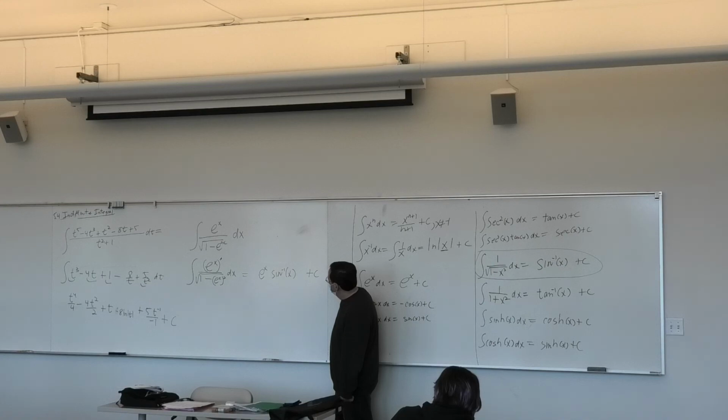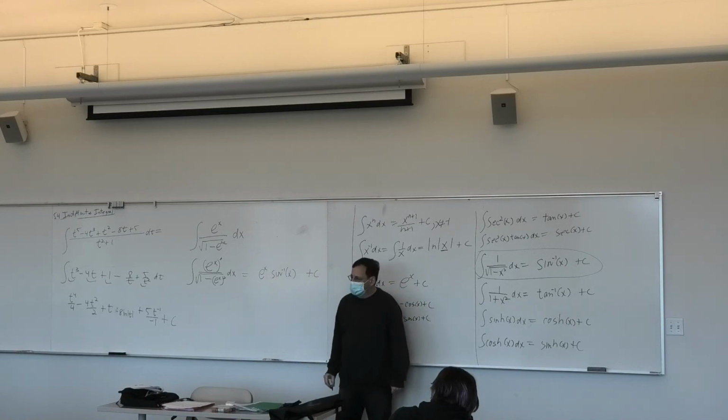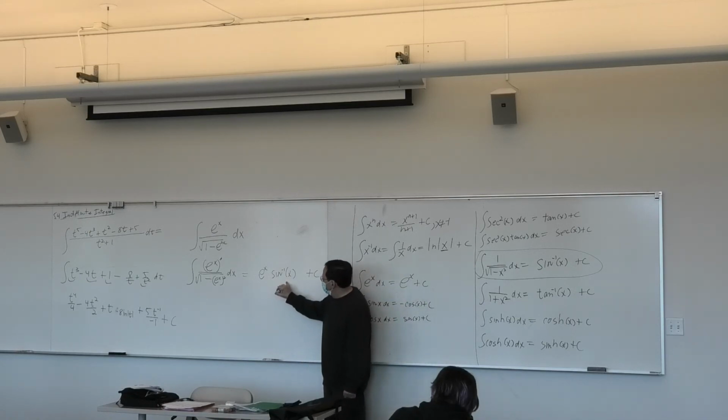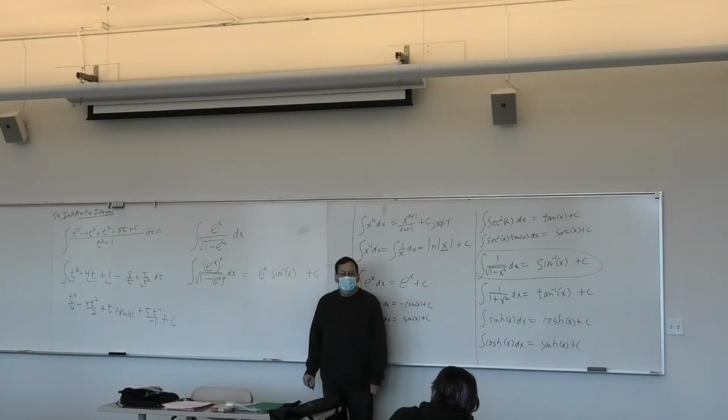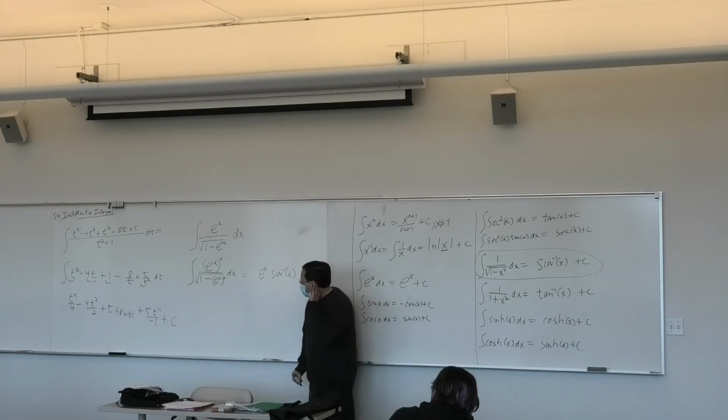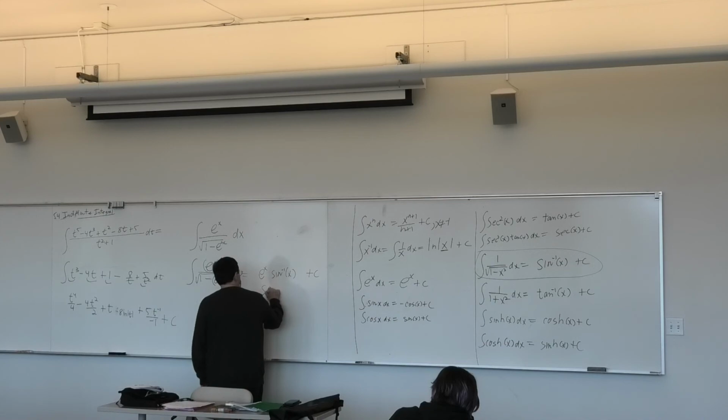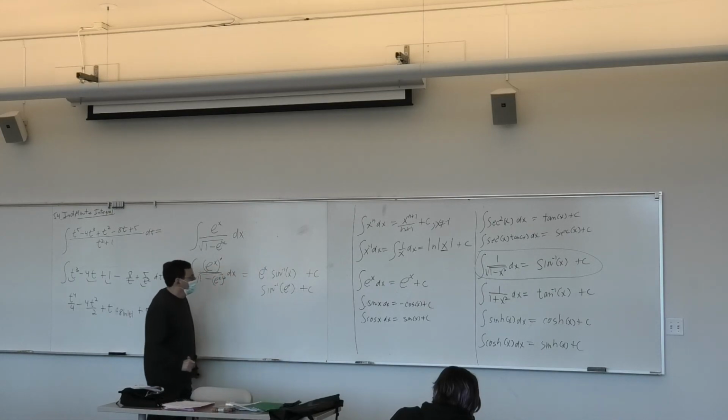Okay. This helps me understand how difficult this is. It's not quite. We've got all the elements here. So e to the x times inverse sine of e to the x, like that.